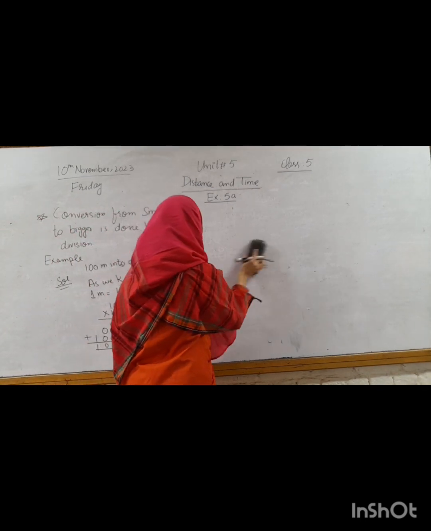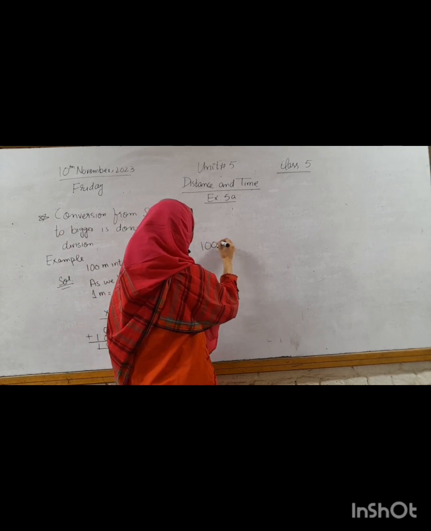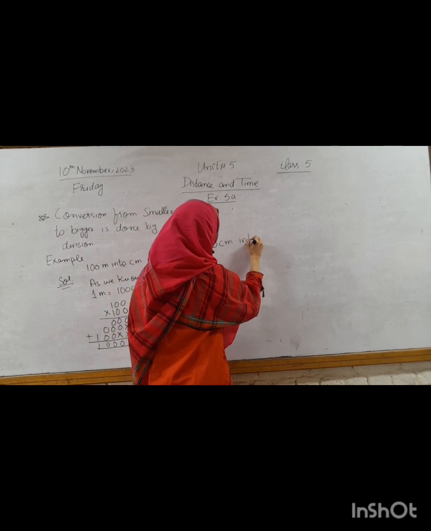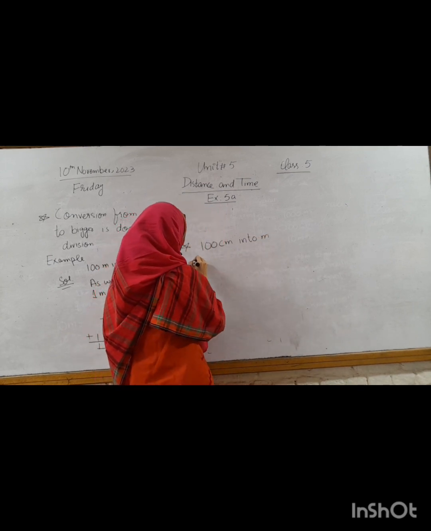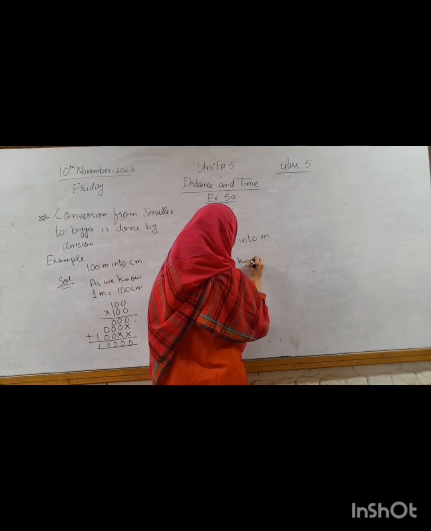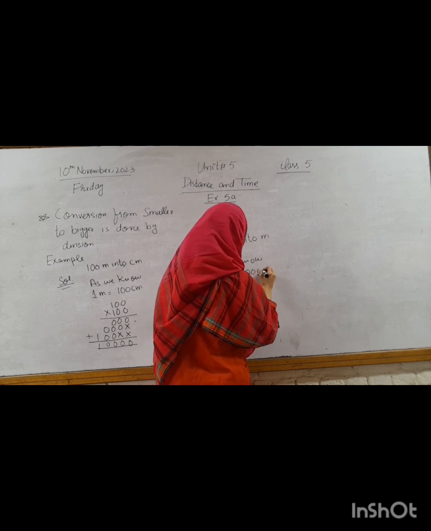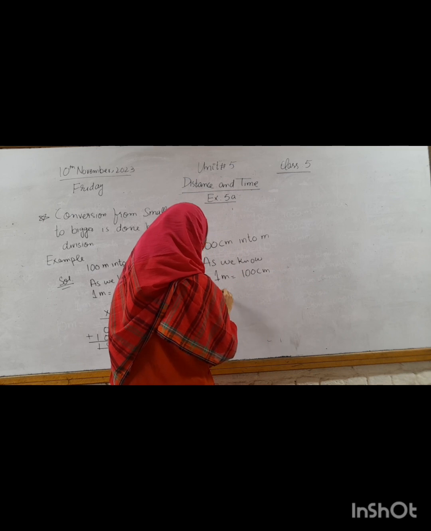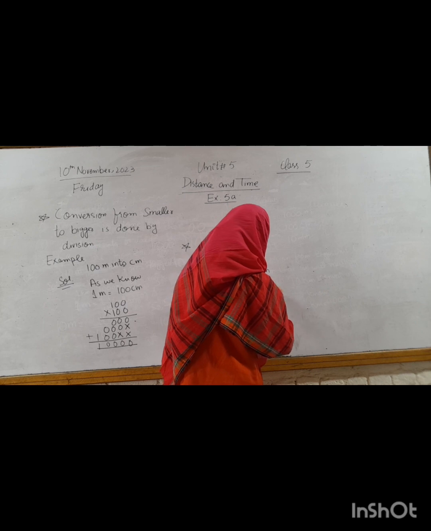And when we convert centimeter into the meter, we'll take another example. And when we convert 100 centimeter into the meter, as we know 1 meter is equal to the 100 centimeter, and when we convert centimeter into meter, we will divide with 100.